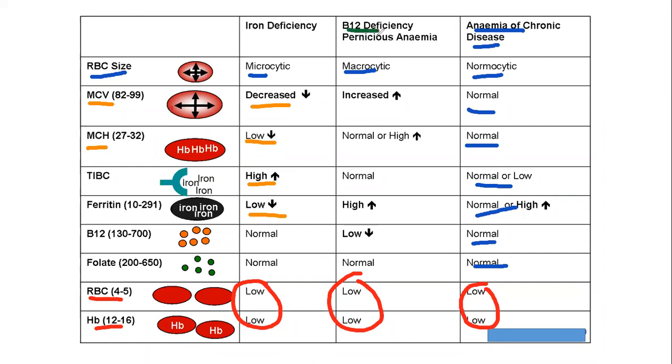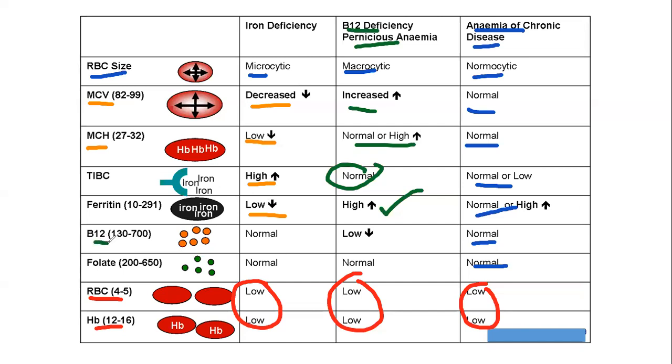In case of B12 deficiency or pernicious anemia, we can see MCV increase, MCH is normal, and iron binding capacity is normal, ferritin is higher because there is no empty space, because we have enough iron.